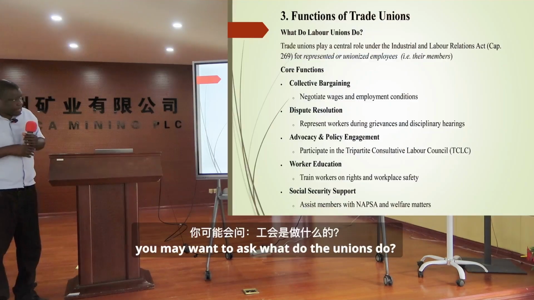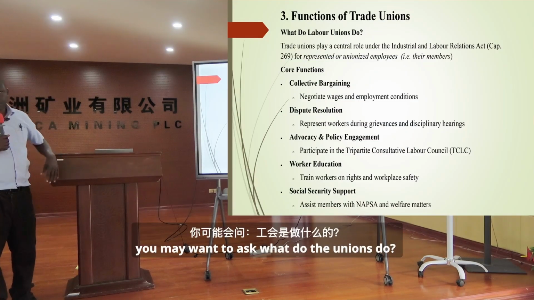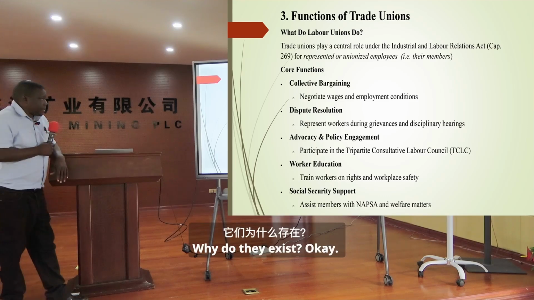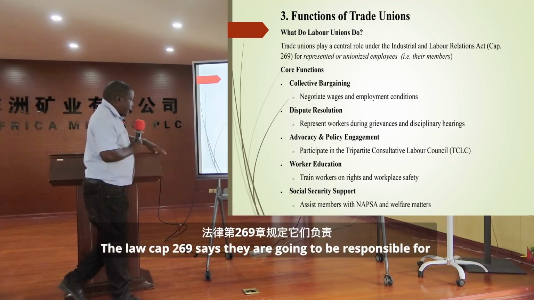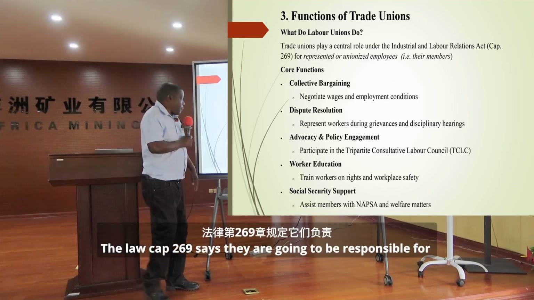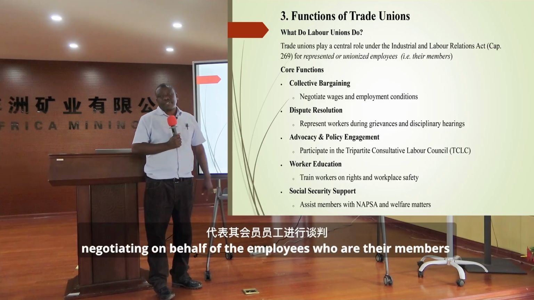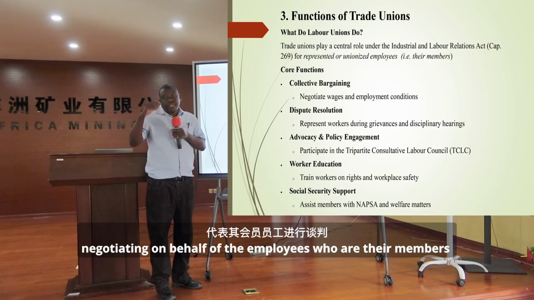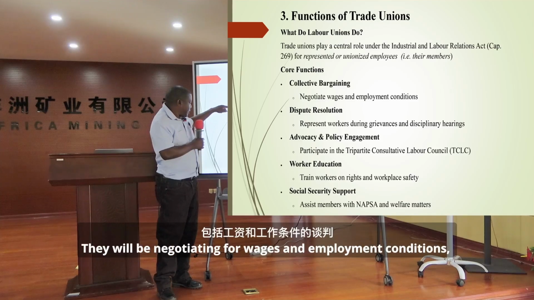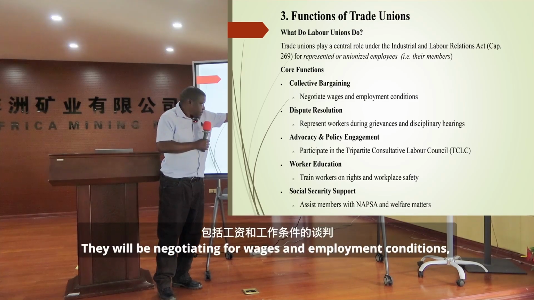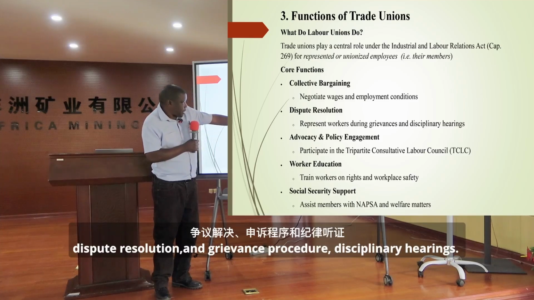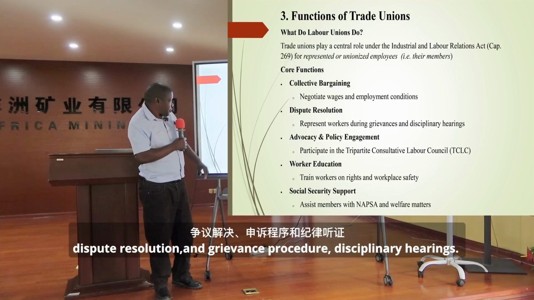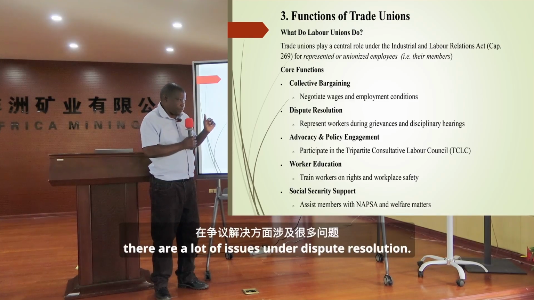You may want to ask, what do the unions do? Why do they exist? The law, Cap 269, says they are responsible for negotiating on behalf of the employees who are their members. They negotiate wages and employment conditions, dispute resolution and grievance procedure, and disciplinary hearings. There are a lot of issues under dispute resolution.